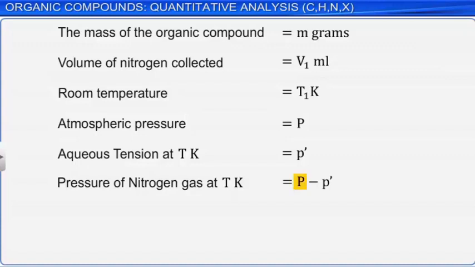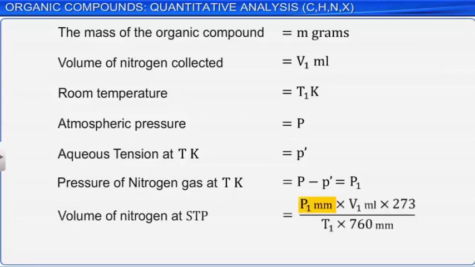Let this be equal to P1. Then, the volume of nitrogen at STP is equal to P1 mm multiplied by V1 ml multiplied by 273 Kelvin divided by the product of T1 Kelvin and 760 mm. Let's assume that the resultant volume is V ml.